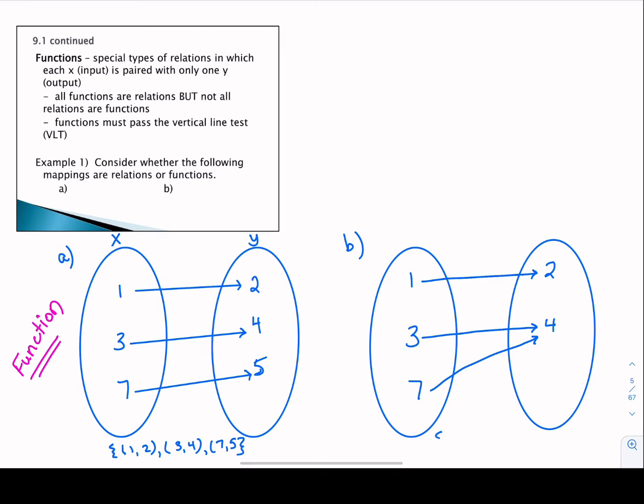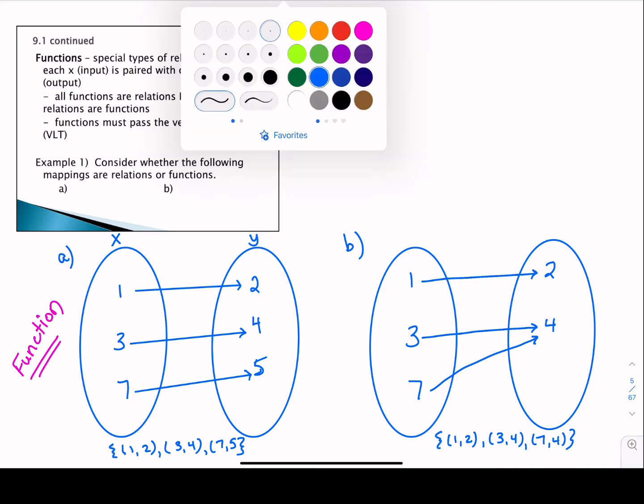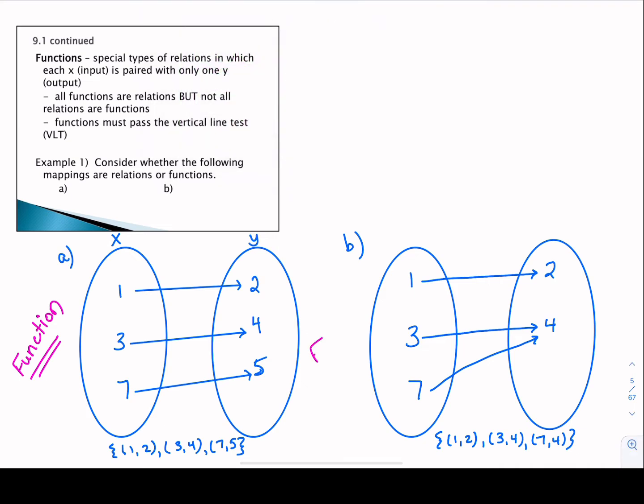So if we talk about this set as the ordered pairs 1, 2, 3, 4 for input, output, or x, y, and 7, 4, for every x, there's still one and only one y value mapped to it. So our second picture is also a function.